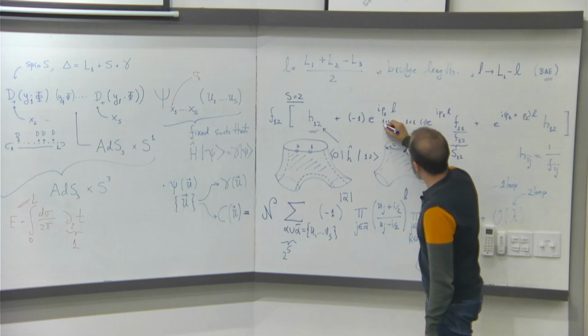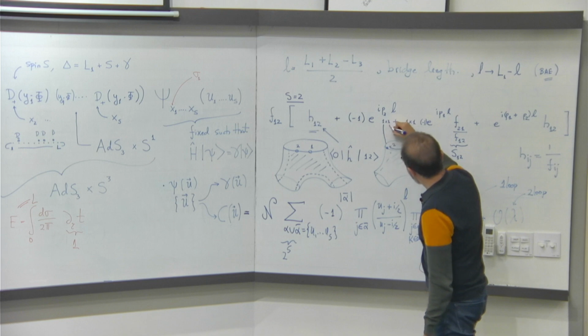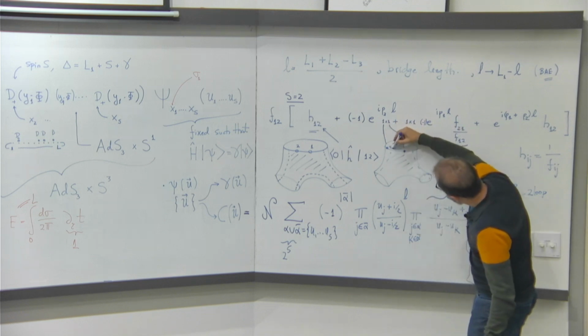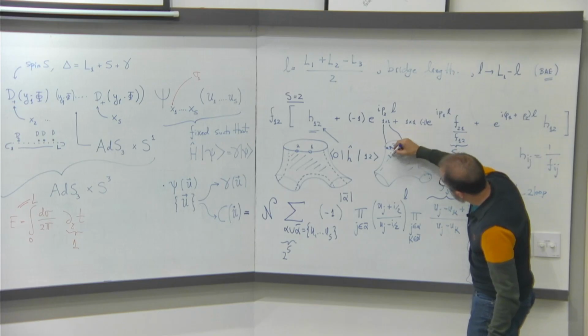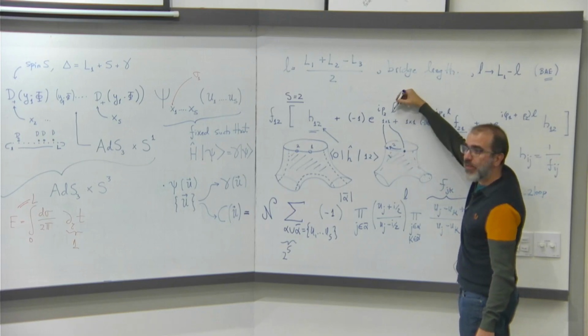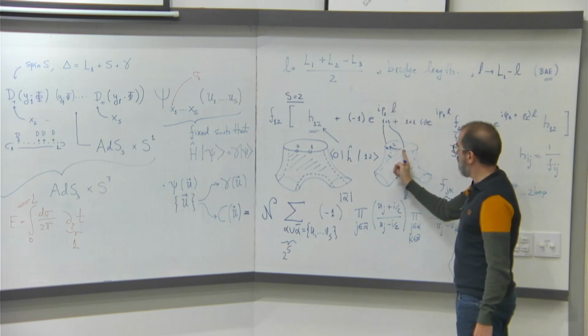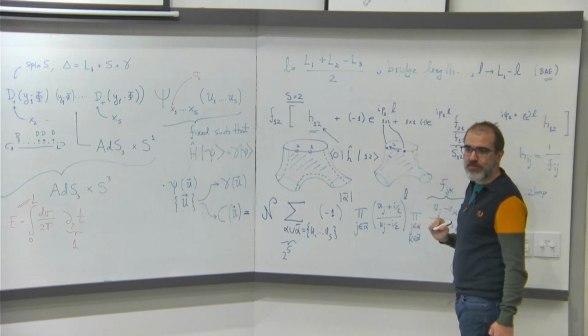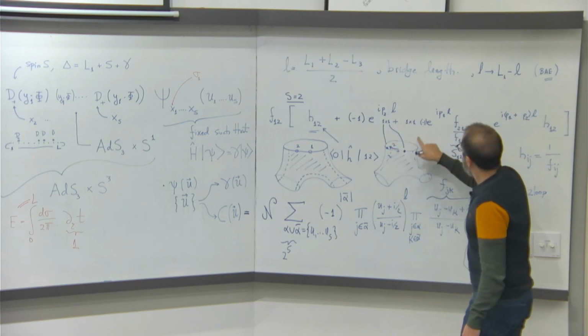And that I interpret as this 1 times this 1. And what phase do I pick? If a particle propagates across this bridge of length L, I pick e to the iPL. So that makes sense. It's the particle 2 that was here, and that propagated to the back. Let's look at the next term.